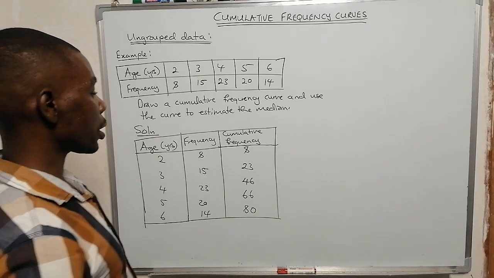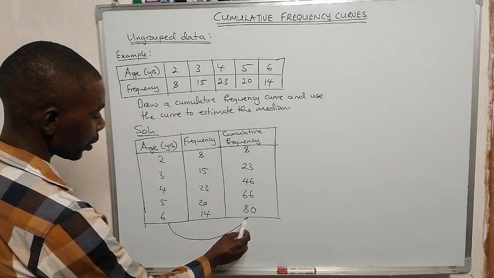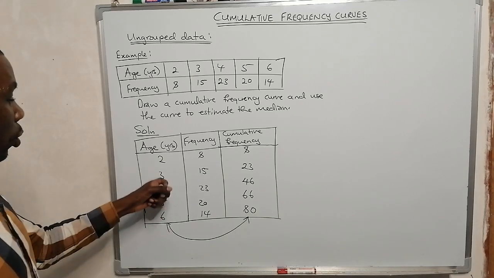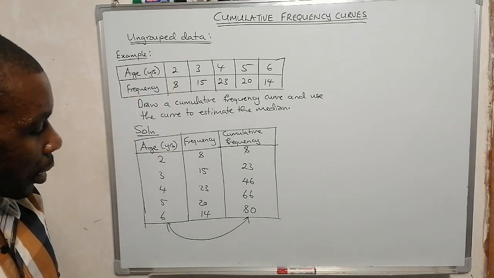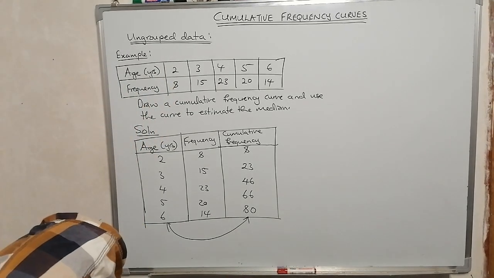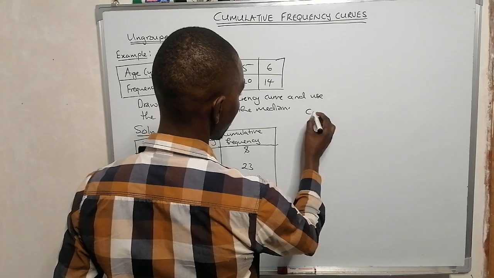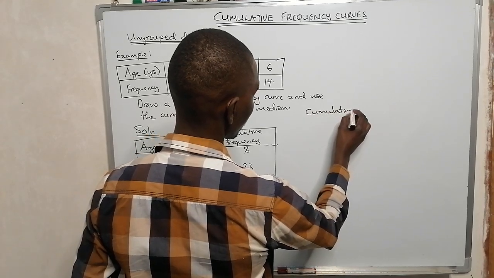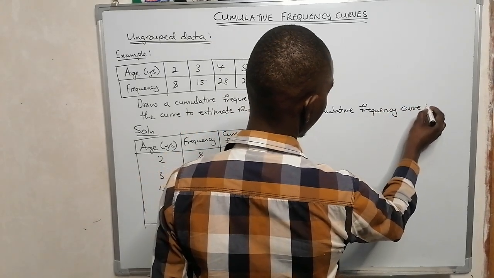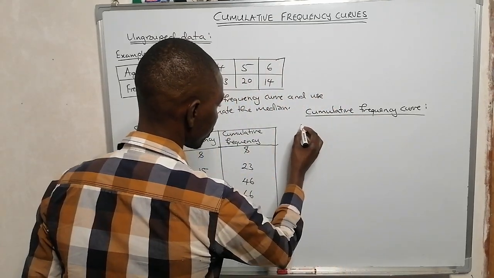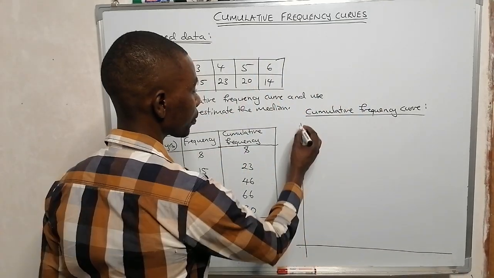So how are we going to plot a cumulative frequency curve? We are going to use age on the horizontal axis and cumulative frequencies on the vertical axis. So let's plot this cumulative frequency curve. I hope you are following.